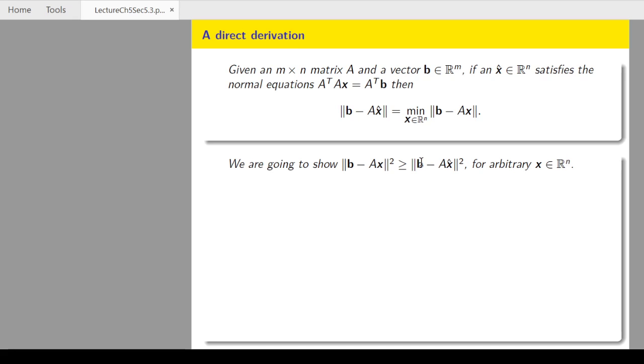If we can show this, that means the left side reaches its minimum value.